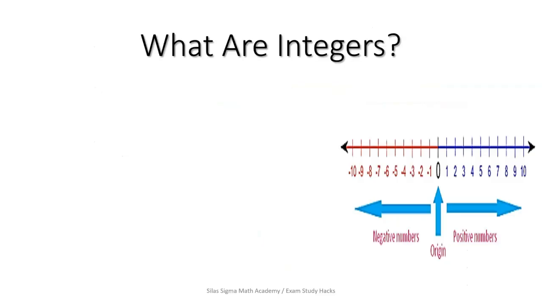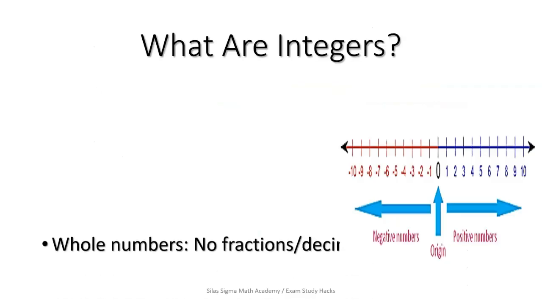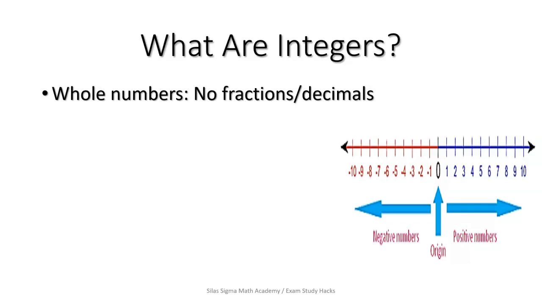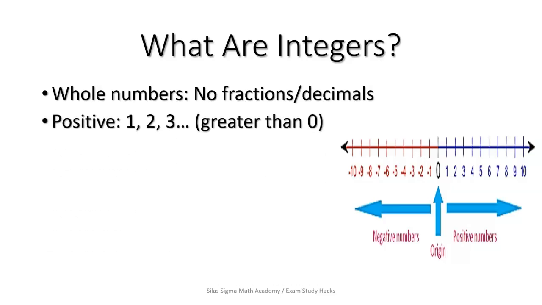Now, what are integers? Integers are simply whole numbers, no fraction, no decimal. It could be a positive whole number, it could also be a negative whole number. When we talk about positive, you're familiar with your 1, 2, 3, 4, and any other number that is greater than 0.